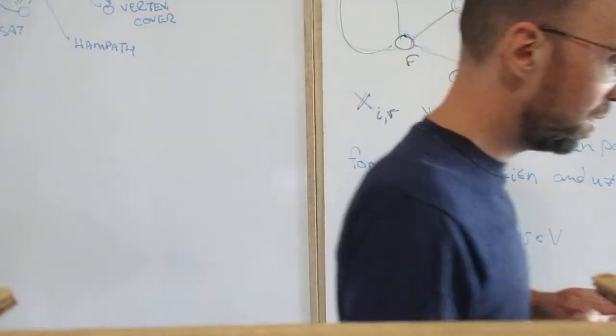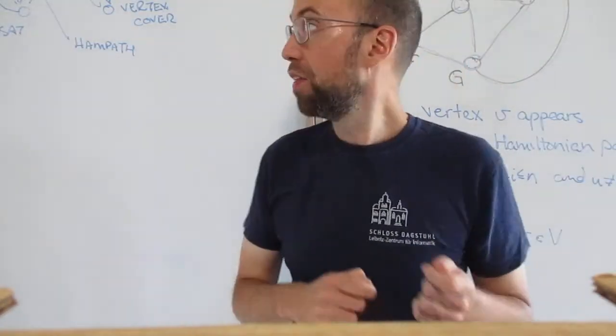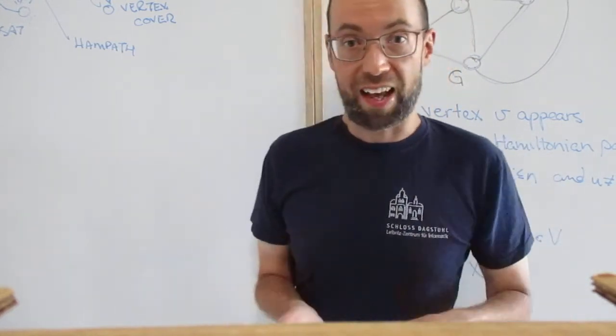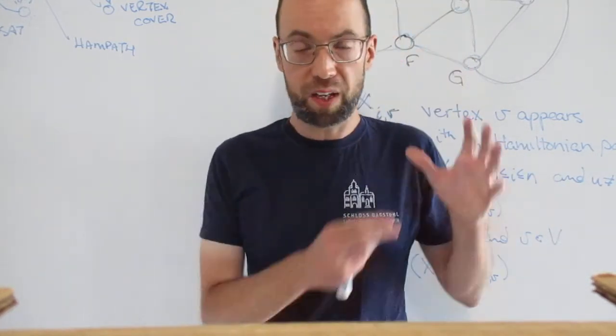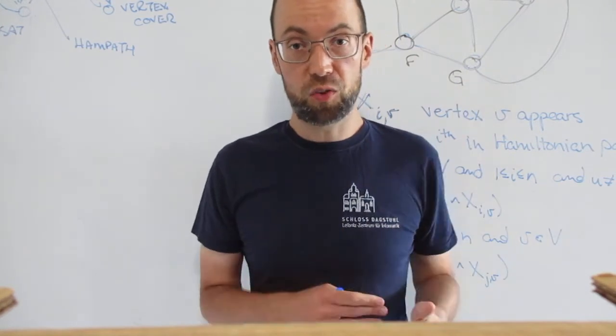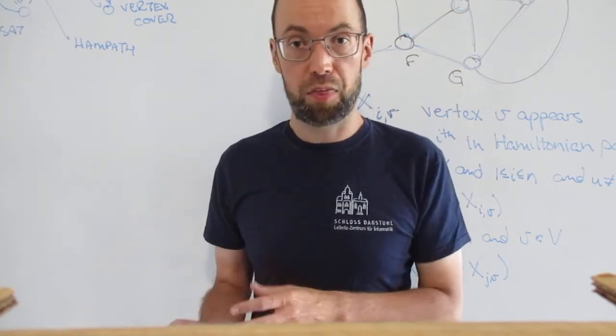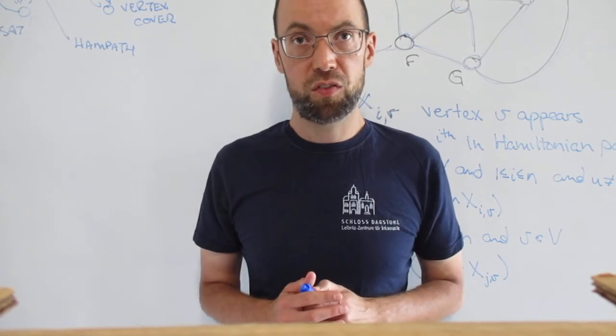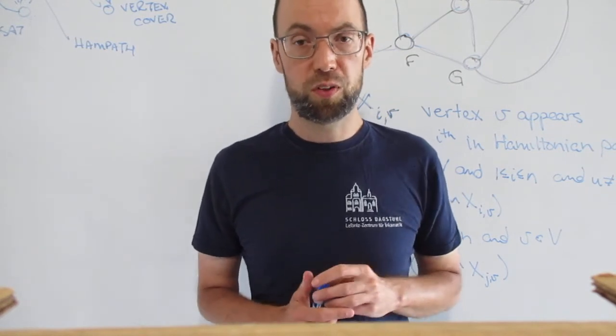So in polynomial time, Ham path reduces to SAT. So if we had a magic box that could solve SAT, we could use it to solve Hamiltonian path. Okay? That's not super surprising.